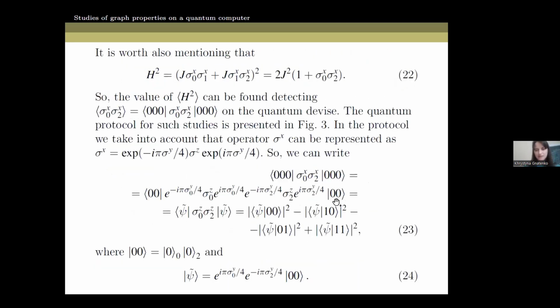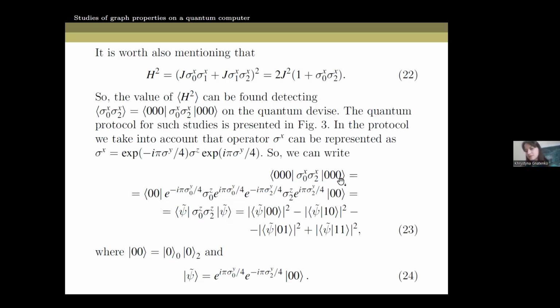But we can easily find this mean value if we know that the sigma x operator can be represented by the sigma z operator. But we have here these multipliers, these exponents, the rotational gates. Also, this one operator can be represented by the sigma z operator, but we have here these exponents. So this mean value can be represented by this one, but in another state.